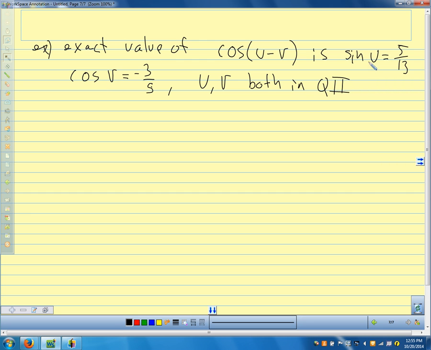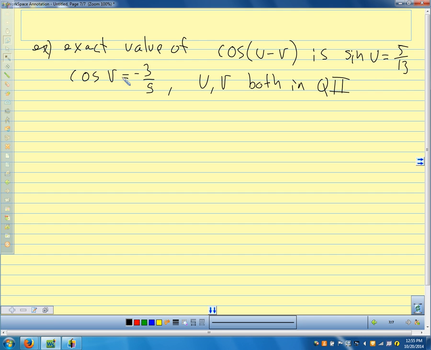Don't I need cosine u and sine v? If sine u is 5/13, how do I find cosine u? Draw a triangle. This tells me two sides of a right triangle. I can draw a triangle, find the missing side, and find cosine u.